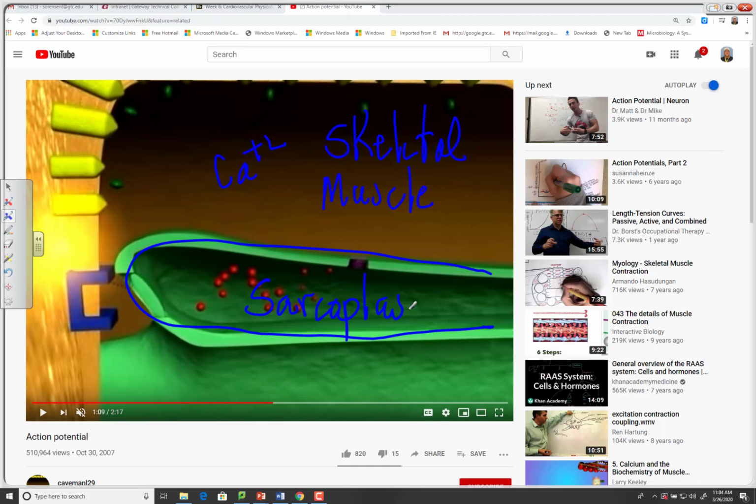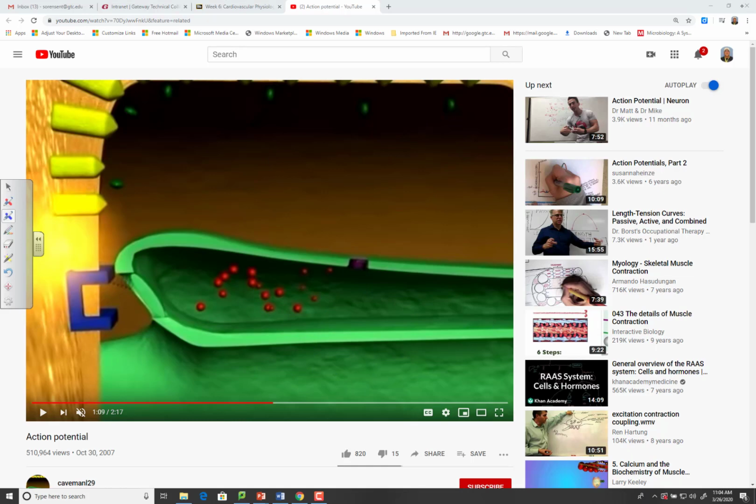Doesn't that sound like a monster? Like Godzilla versus Sarcoplasmic Reticulum? Anyways, watch. We learned, and you better know this, the most important element in muscular contraction is calcium. Where does skeletal muscle get its calcium from? From the stored calcium in the sarcoplasmic reticulum.